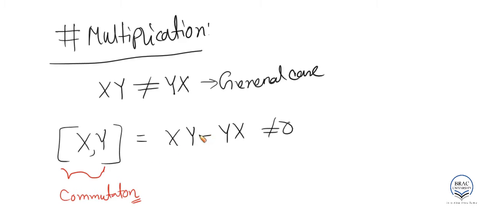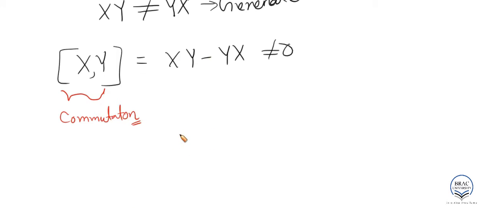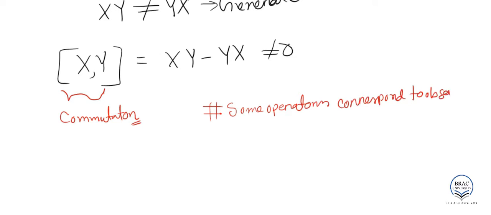The importance of this non-commutativity lies in the fact that some operators correspond to observables. That is, let's say you want to measure the position of a particle, the momentum of a particle, the energy of a particle, and so on, and they always correspond to some operator.